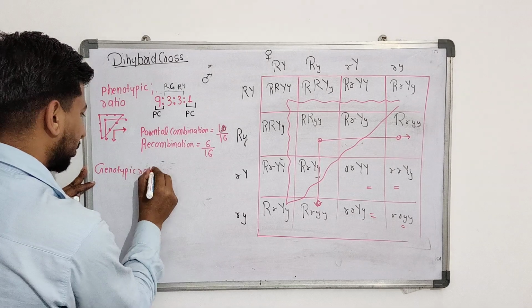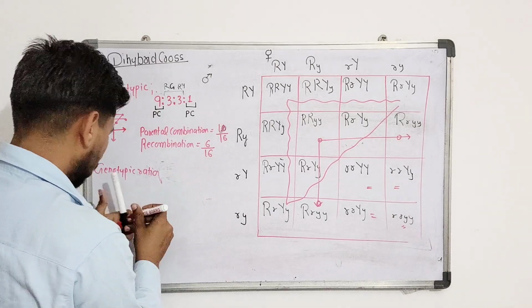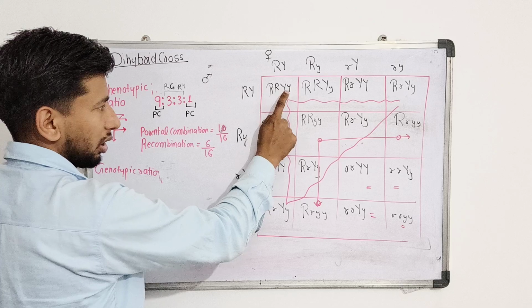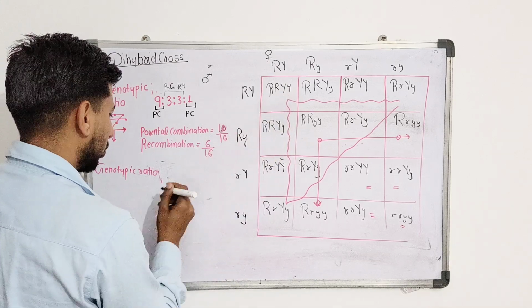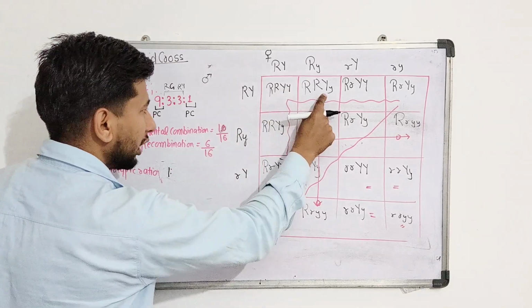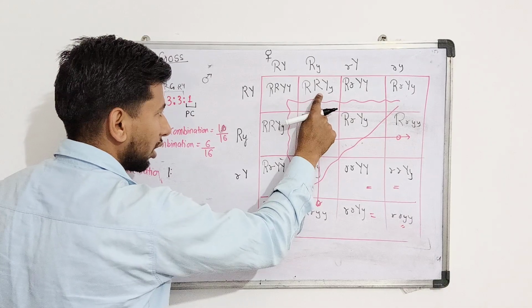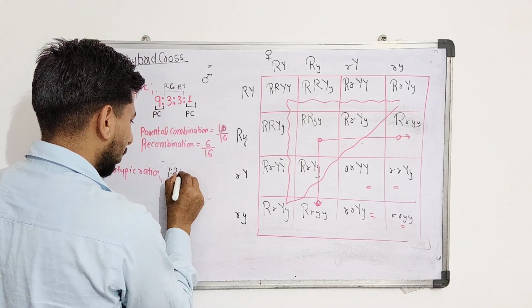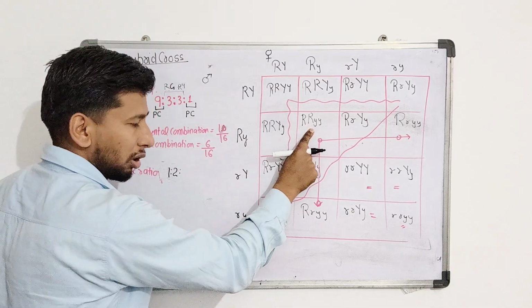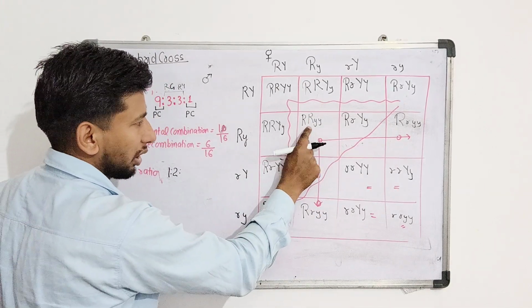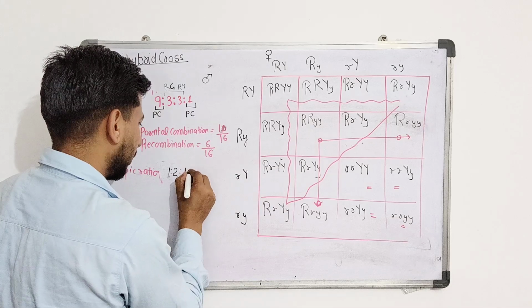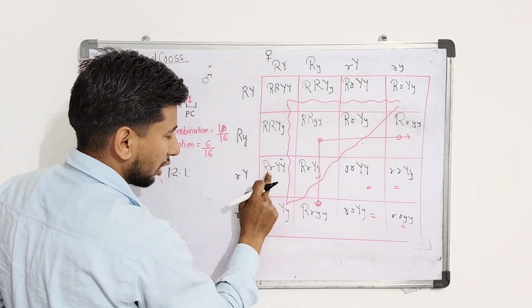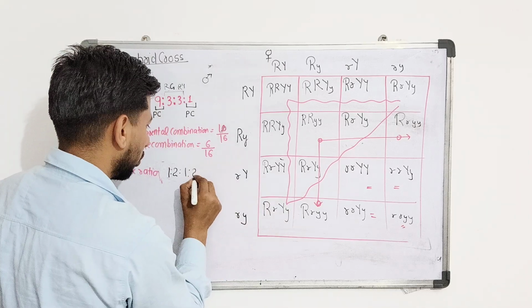Genotypic ratio. In the genotypic ratio, out of the 16, this is the only genotype capital R, capital R, capital Y, capital Y. So we can write 1. These are the two, capital R, capital R, capital Y, small y. So 2. This is 1 out of the 16, capital R, capital R, small y, small y. So 1. These are the two, capital R, small r, capital Y, capital Y, 2.